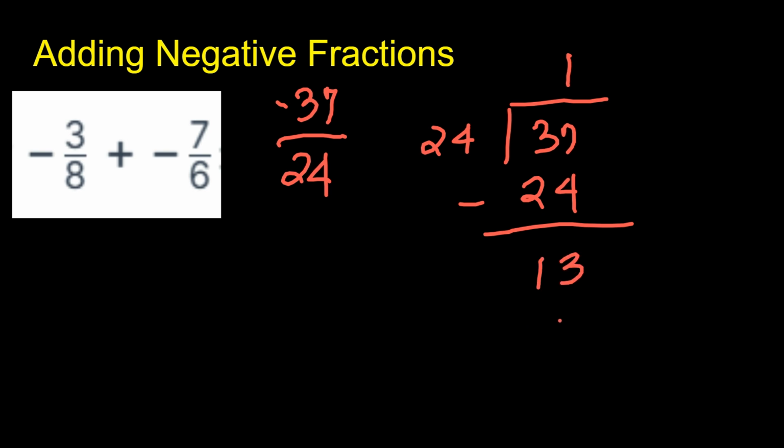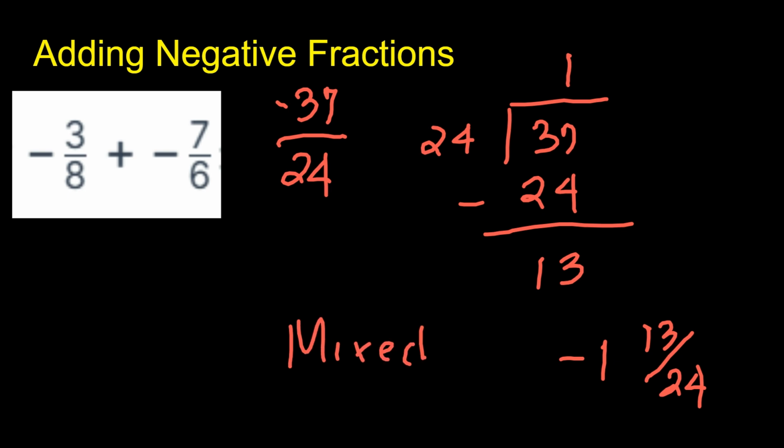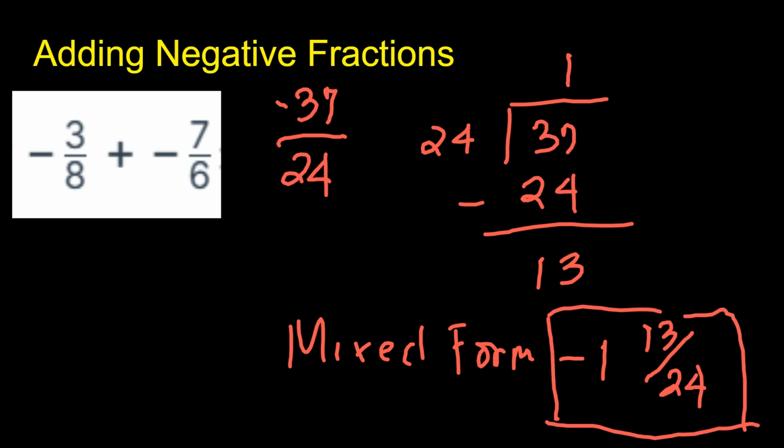And of course, we now have negative 1 and 13 over 24. So the mixed form of negative 37 over 24 would be negative 1 and 13 over 24. That's pretty much easy for us to do.